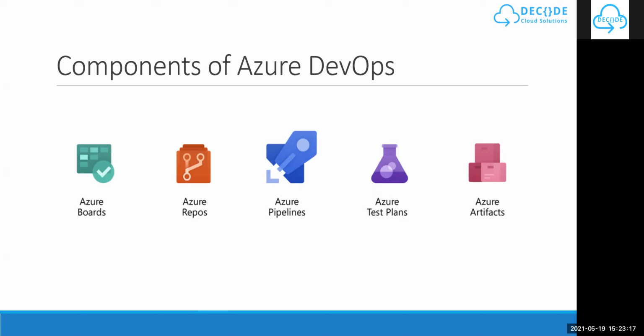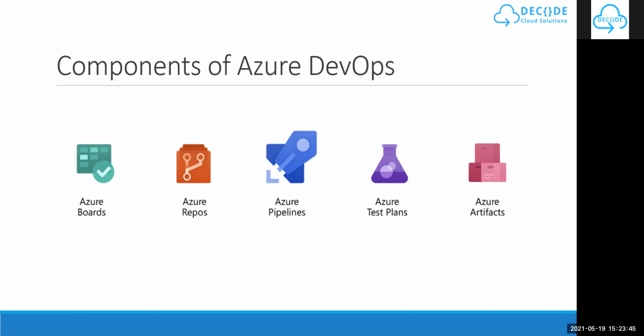This is what helps you share your code among the various coders in the team. Then comes Azure Pipelines, which is the centermost image on this slide. Azure Pipelines provides build and release services to support continuous integration and delivery of your applications.